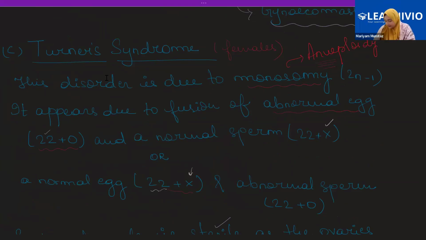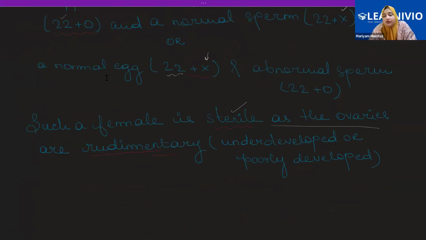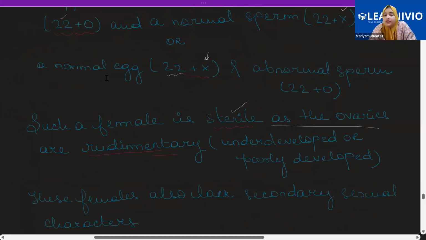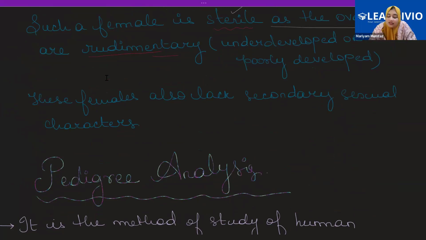Then the second case is when the normal egg and the abnormal sperm combine. So in this case, the female is sterile. They do not have properly developed sexual organs and they lack secondary sexual characters. So chromosomal disorders are clear.